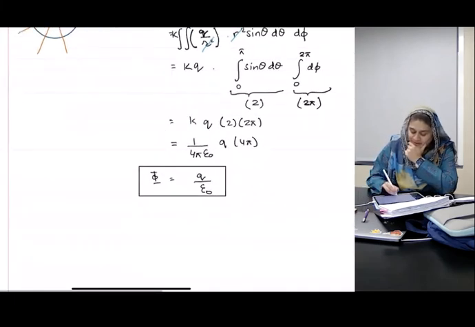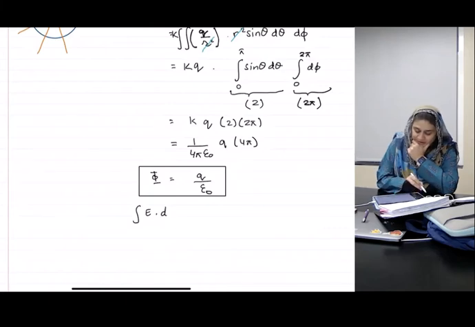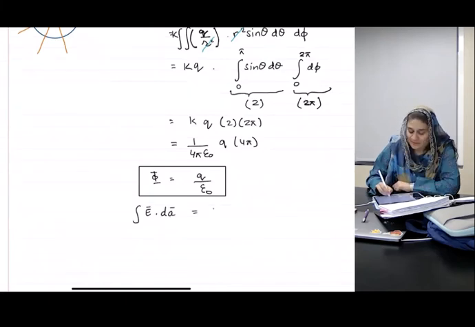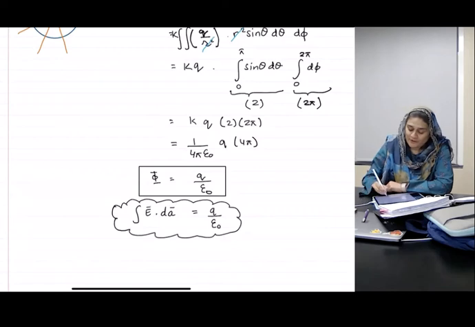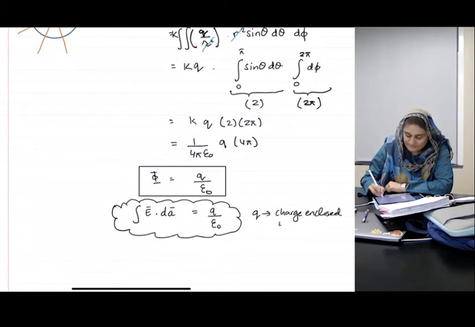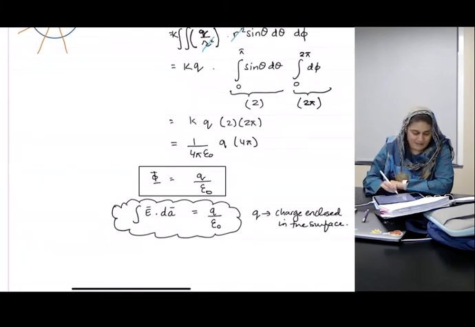Or I can also write the integral of E dot dA equals Q over epsilon naught, where Q is the charge enclosed in the surface, and this has to be over the closed surface.